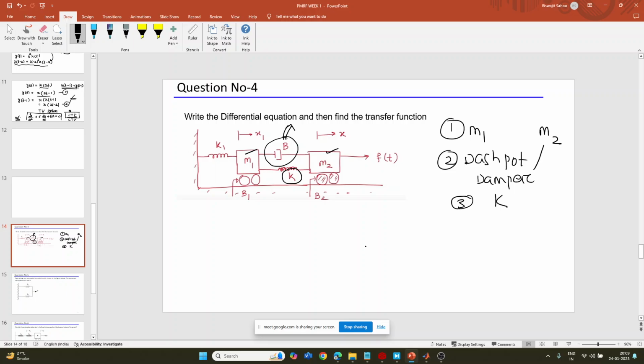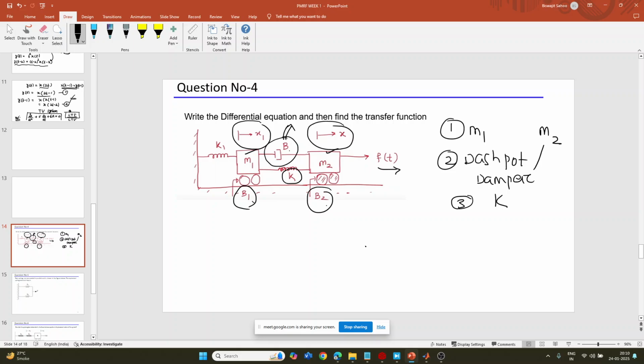Now we can see B1 and B2 as well, because these two masses are resting on wheels. When you apply some force F(t), this mass is displaced by a distance x and the other mass by a distance x1. When the wheels start rolling, there is a friction coefficient, so B1 and B2 are called the friction coefficients, and B is called the viscous coefficient.